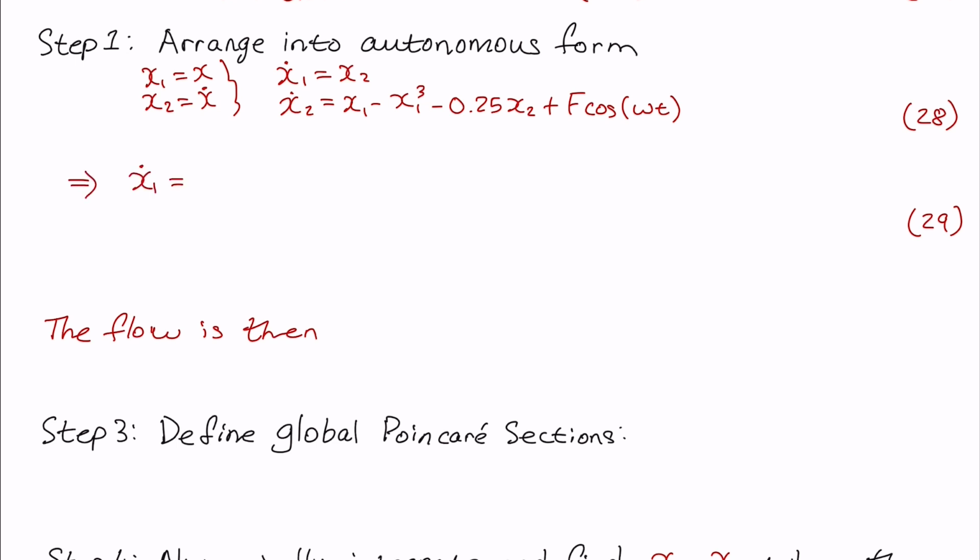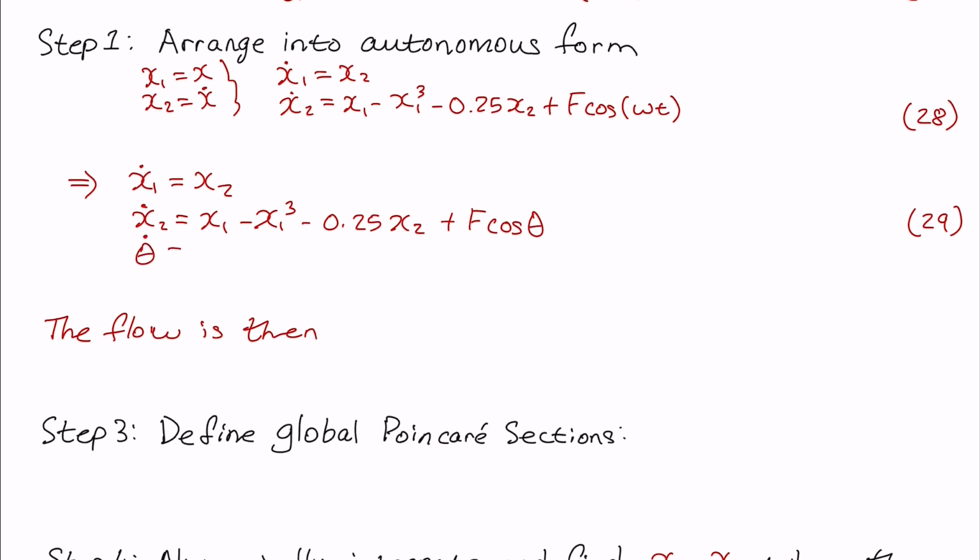From here, we're going to convert to autonomous form, and that will include phase variables. x2 dot is equal to x1 minus x1 cubed minus 0.25 x2 plus F times the cosine of theta. And theta is now a new phase variable that we've introduced in order to put this into autonomous form.